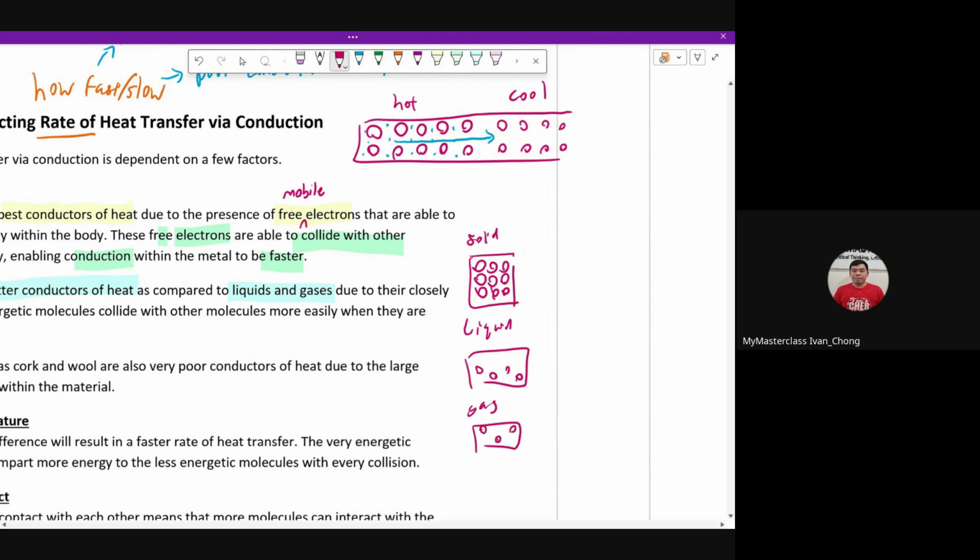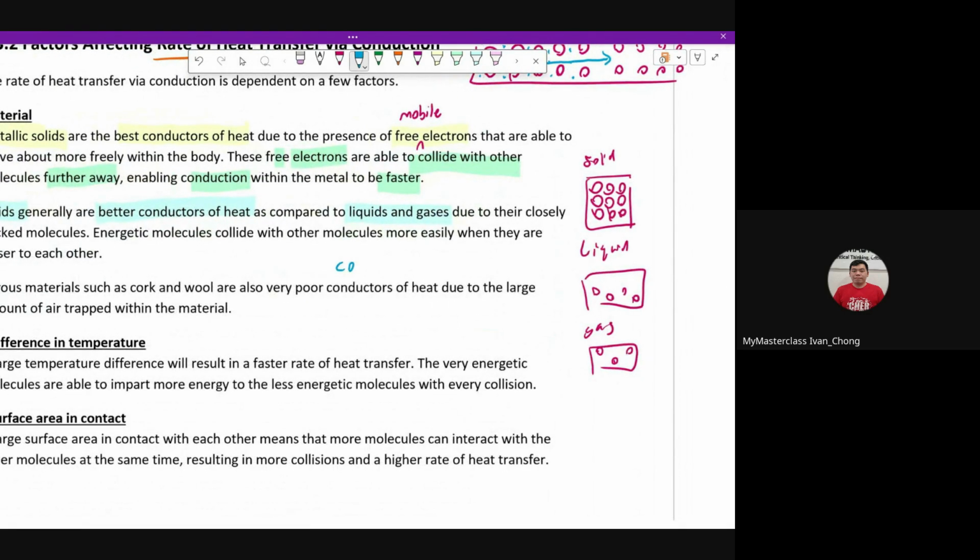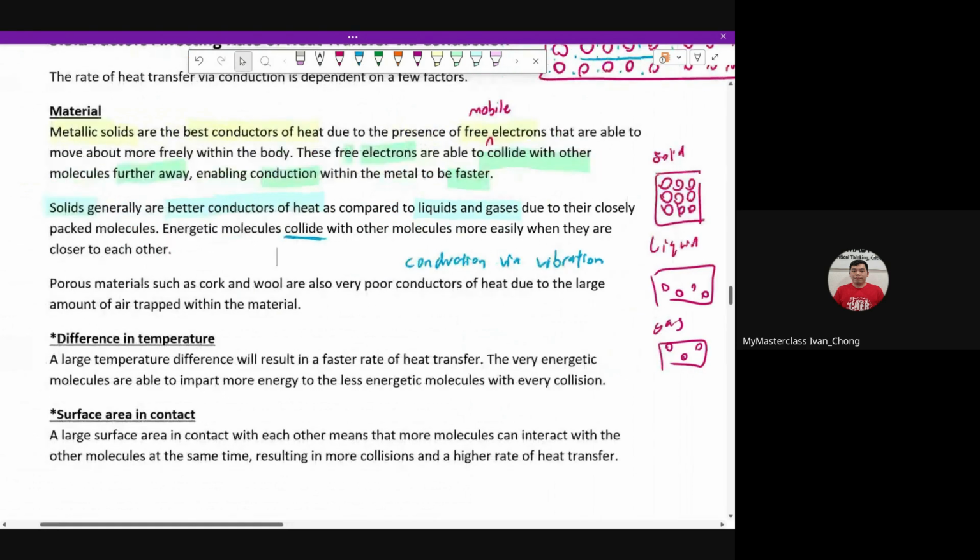Now remember, conduction takes place through vibration, which means your particles must be close enough to collide with their neighbors. If liquid molecules and gas molecules are very far apart, they can't bump into each other as easily, so they cannot transfer heat as easily as solids, which are very closely packed together.